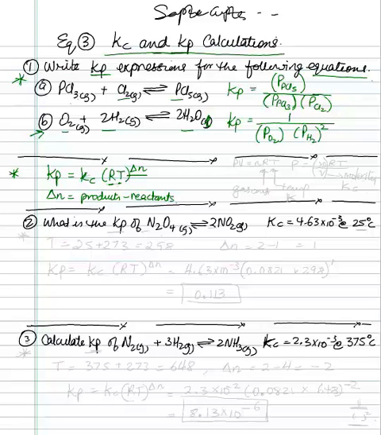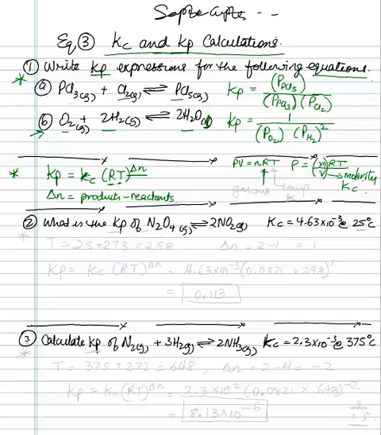The way we get just the Kc times the RT value is by using the gas law, which is PV equals nRT. And remember then, pressure is equal to nRT over V. So n over V, moles over volume, that is going to be molarity. If that is molarity, then that is our concentration, and so that is going to come in the Kc.